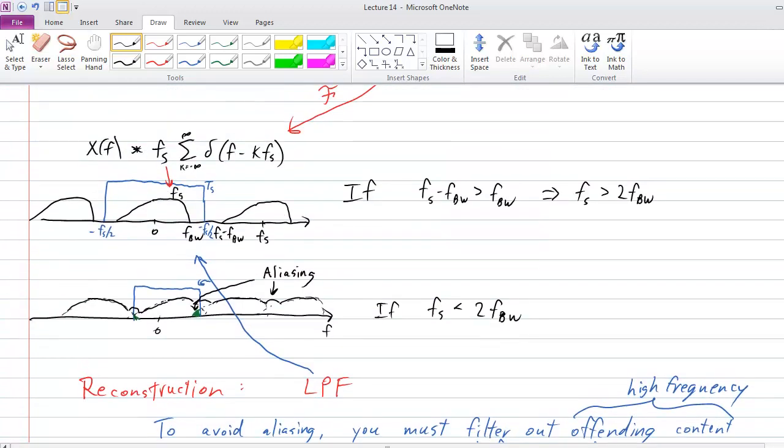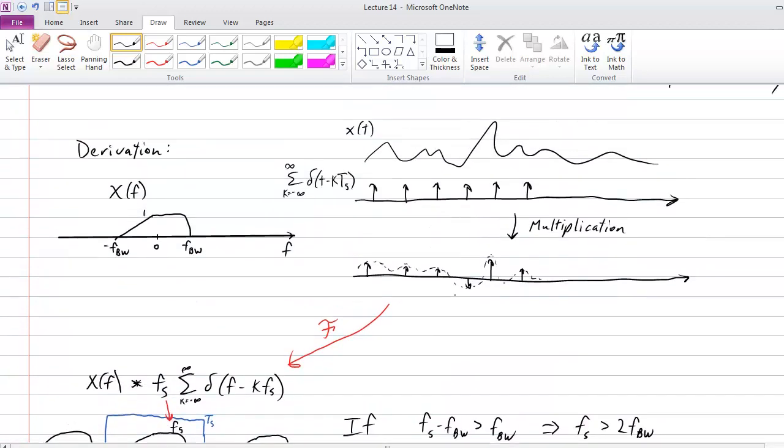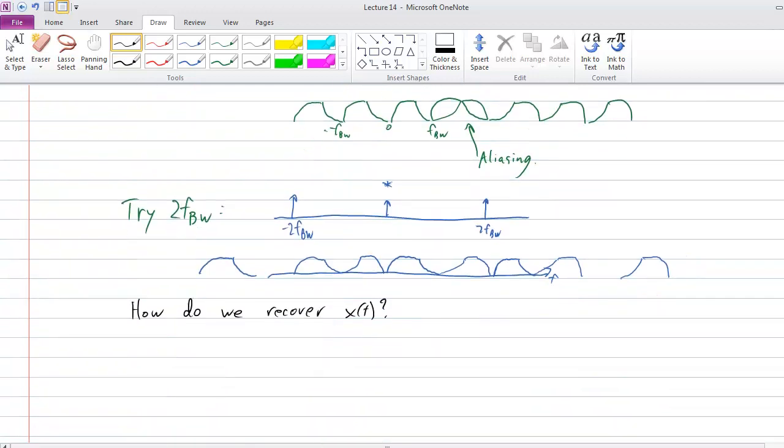We multiplied by the delta functions. So to recover, we want to filter. Band pass, exactly. We're not going to do a low pass filter. If we did the low pass filter as if we had sampled in the normal case, we would be getting back something different than we started with. That's not what we want. So we actually do a band pass filter.